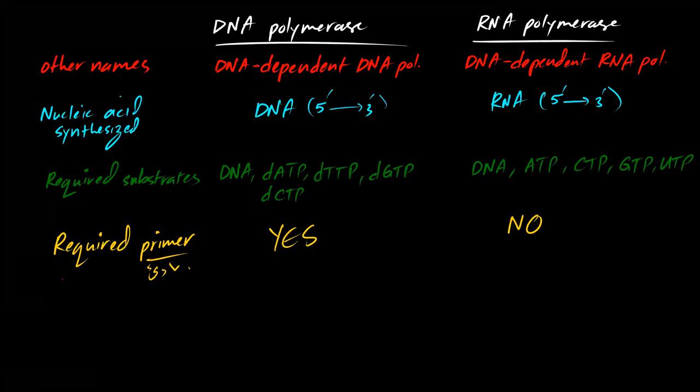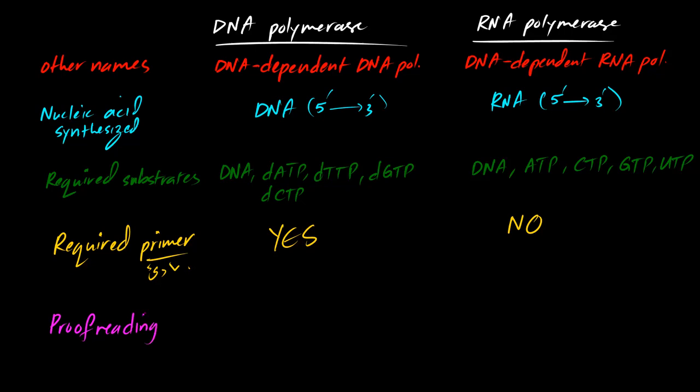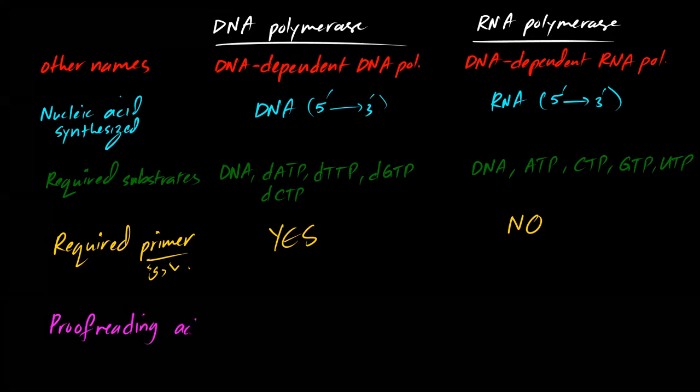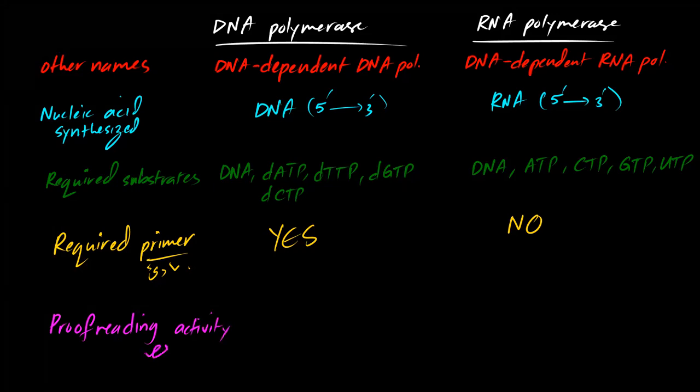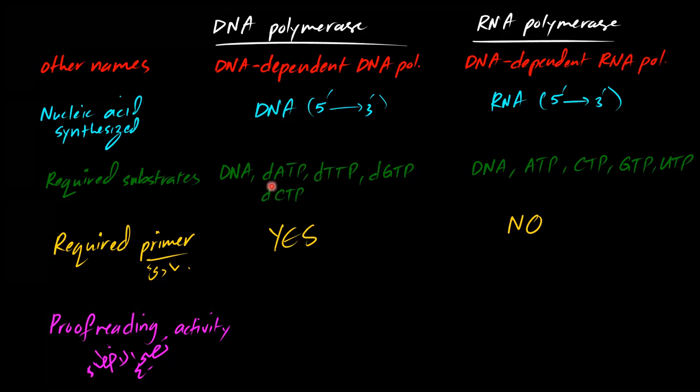Okay, the last property I'm going to discuss is the proofreading activity. So during polymerization, the DNA polymerase or the RNA polymerase might make mistakes.